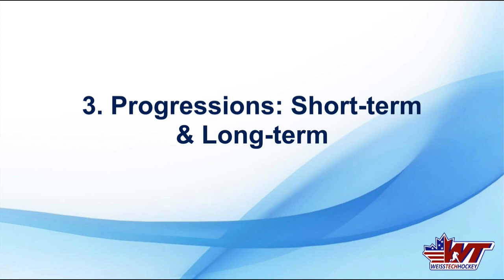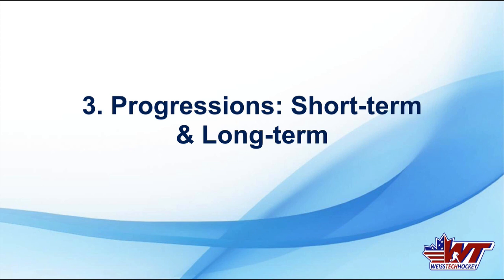So an example of a short-term progression would be breaking down your objectives within a single season. And then you can get even shorter within that. So you might say, by the end of the season, we want to be able to execute a good breakout. We want to have a board side breakout and a middle breakout. We also want to have 2 forechecking systems that we can execute perfectly.